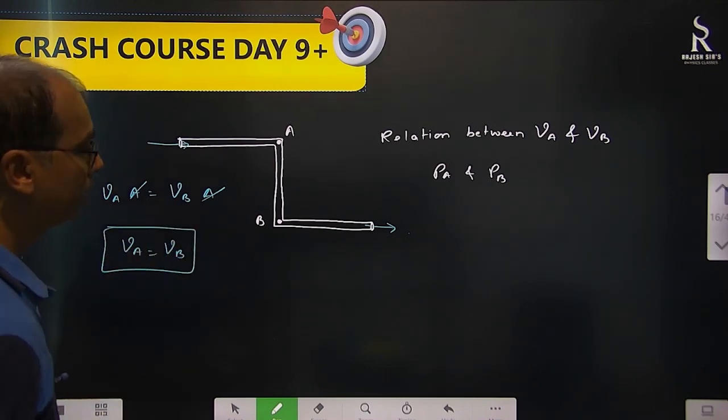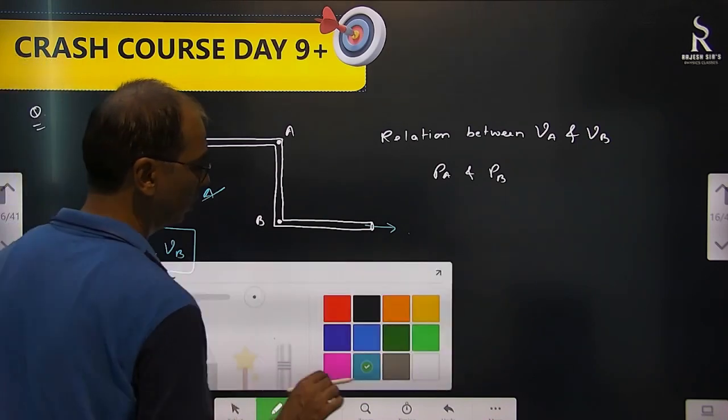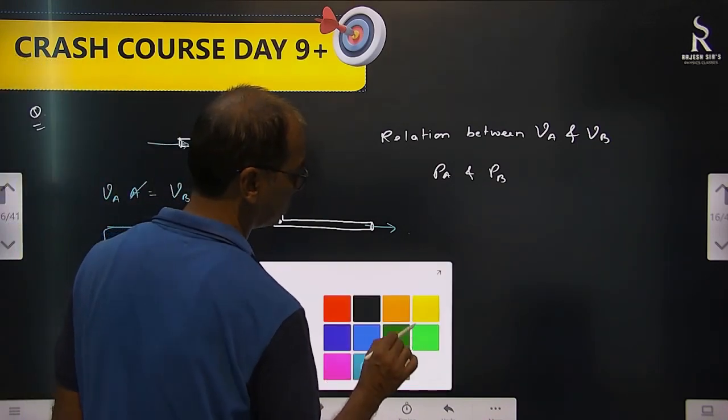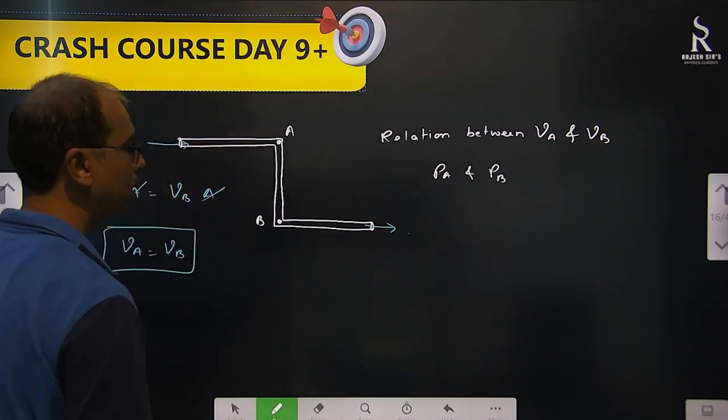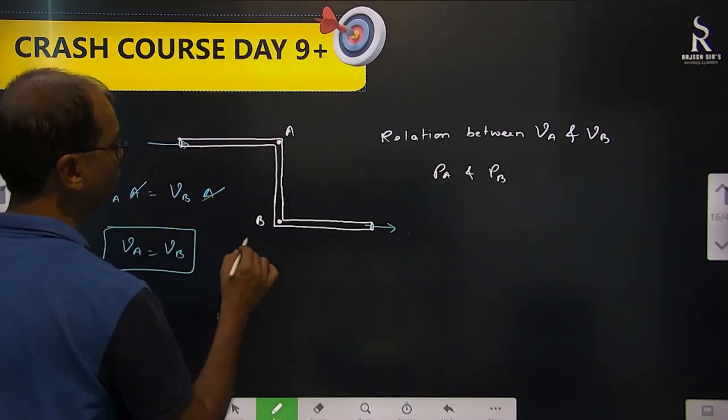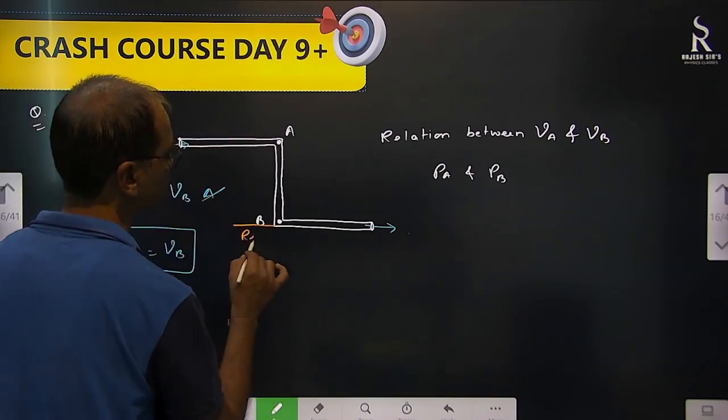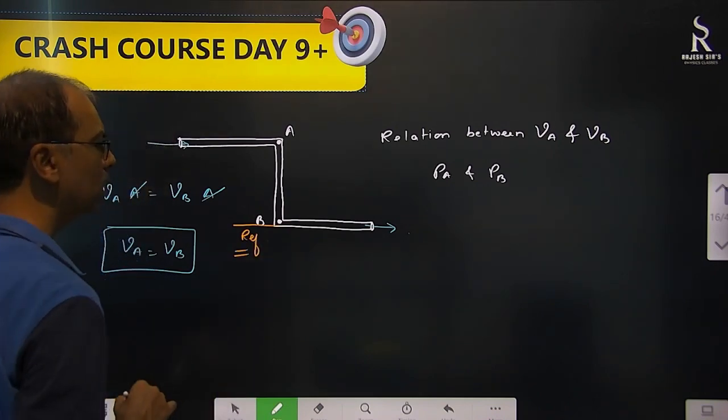Then he says find the relation between PA and PB. Whenever we have to find the relation between PA and PB, that means we have to apply Bernoulli's theorem. First of all, we have to decide what the reference is. So take this as a reference. Now let's apply.